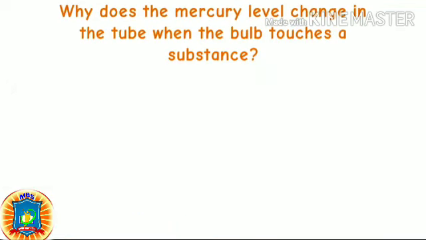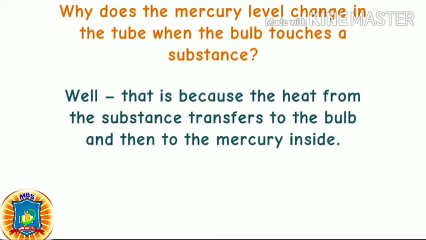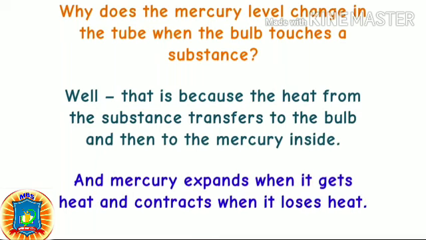Why does the mercury level change in the tube when the bulb touches a substance? Well, that is because the heat from the substance transfers to the bulb and then to the mercury inside. And mercury expands when it gets heat and contracts when it loses heat.